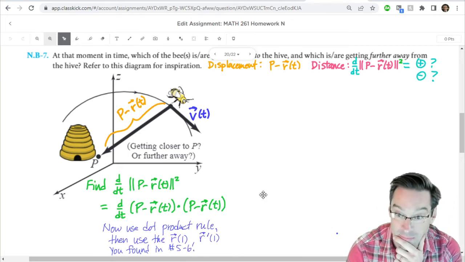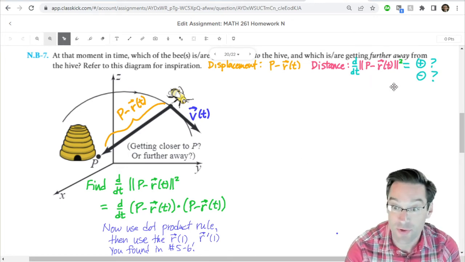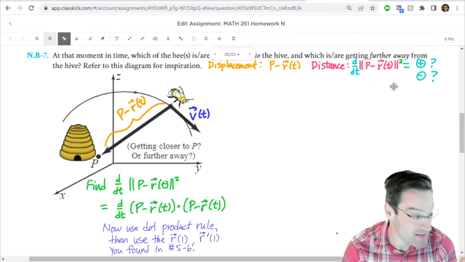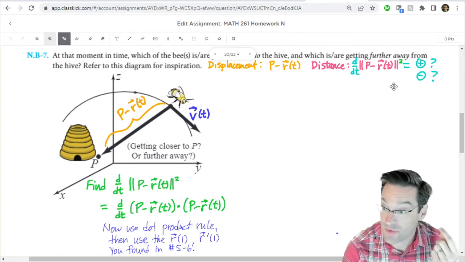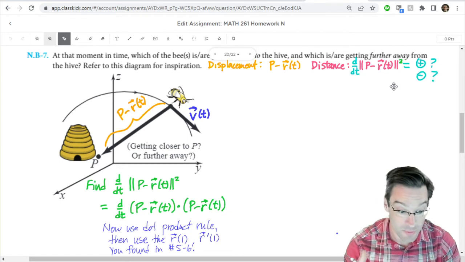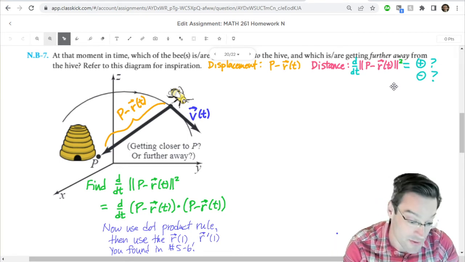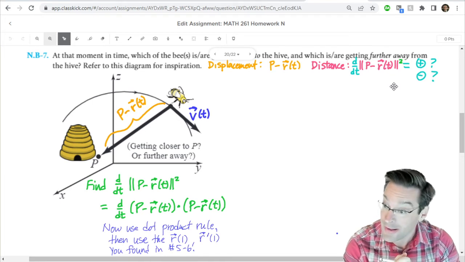So there is my hint for the Beehive problem: doing it brute force is certainly an option, but it's going to be messy and it misses an opportunity to leverage the really nice product rule that works for dot products of vectors and for cross products of vectors.